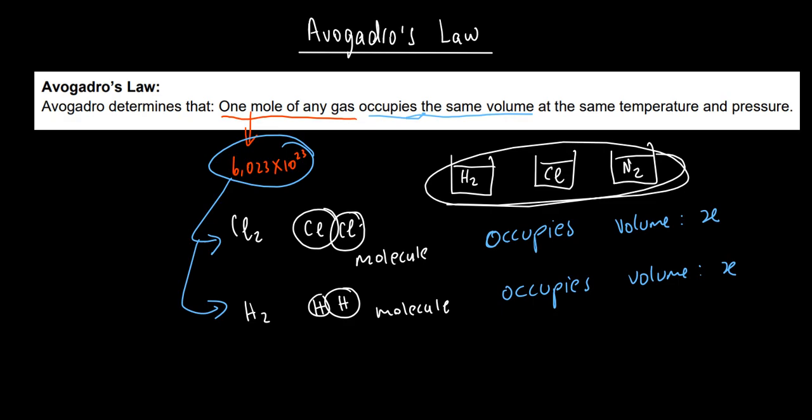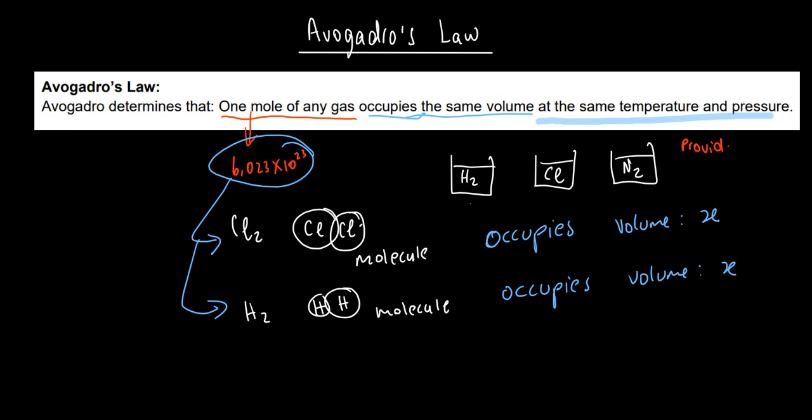So when I measure the volume for hydrogen, that volume is going to be the same as the volume for chlorine. It's going to be the same as the volume for nitrogen. But provided that they are at the same temperature T and pressure P. So for them to occupy the same volume, they must be at the same temperature, and they must also be at the same pressure.